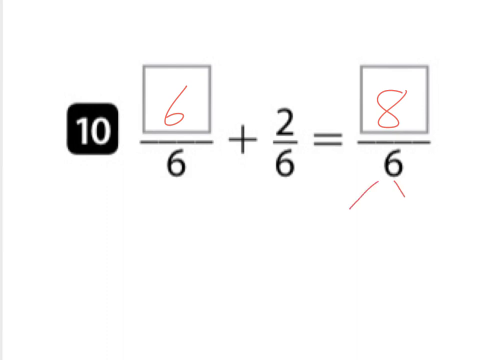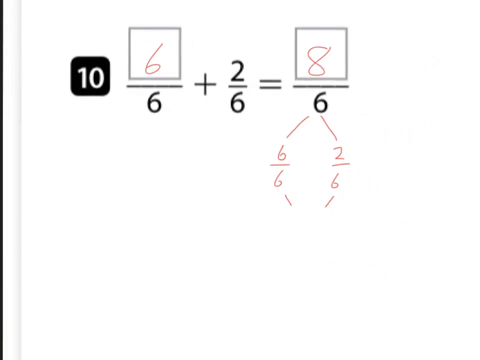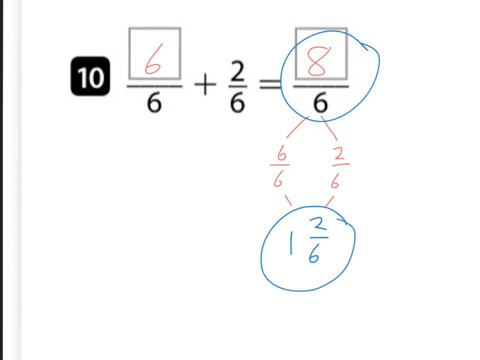If I decompose 8 sixths, I get 6 sixths, which is 1 whole, and then I'm left over with 2 sixths. So if we change this improper fraction to a mixed number, 6 sixths is equal to 1 whole, and leave 2 sixths alone. So 8 sixths is equivalent to 1 and 2 sixths. Improper fraction, mixed number.